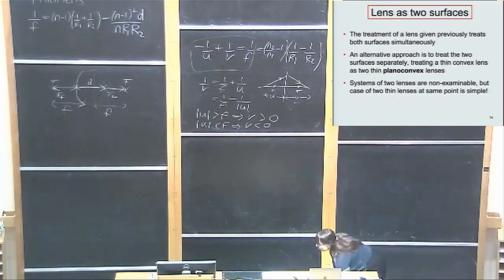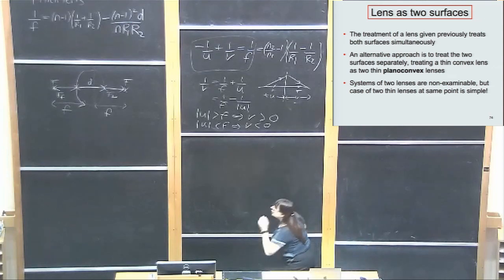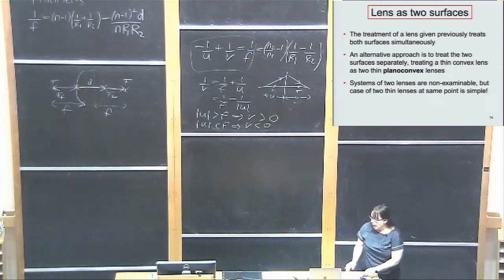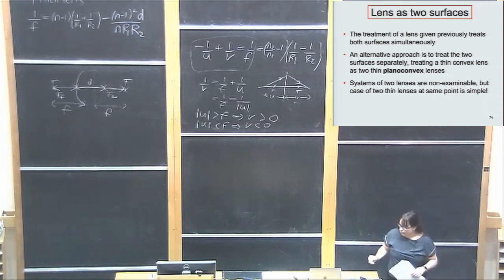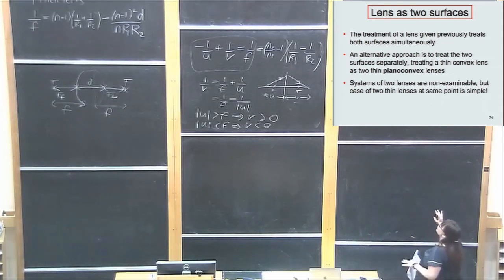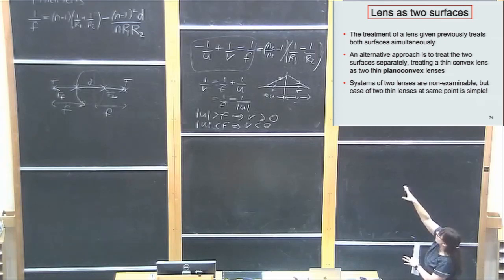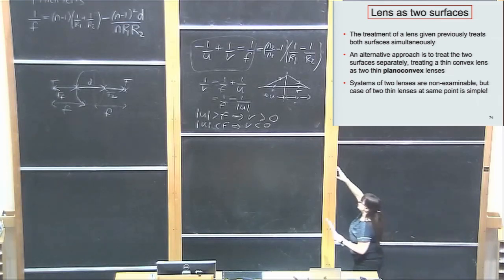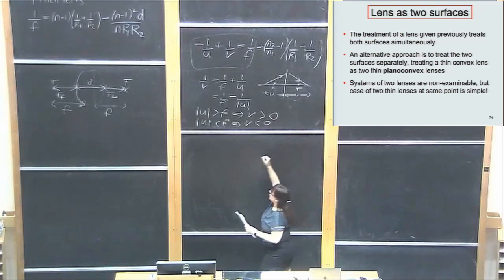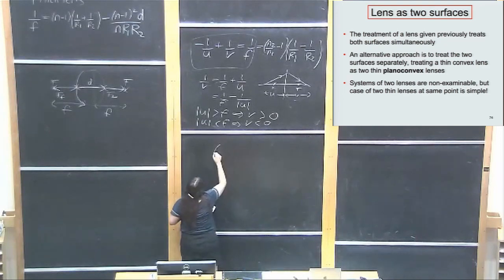But I just want to do one more thing before we finish up. So far we've been treating a lens as a single object with two curved surfaces, like I've drawn up there, a couple of boards up. We're now going to instead treat a lens as actually two separate lenses.